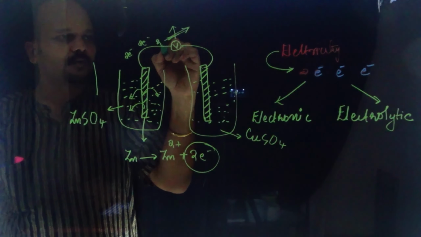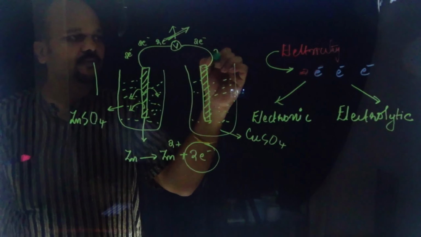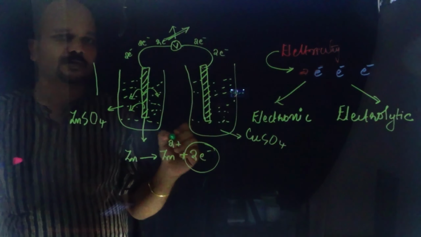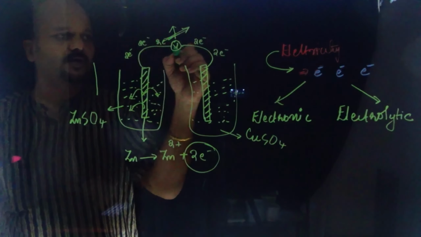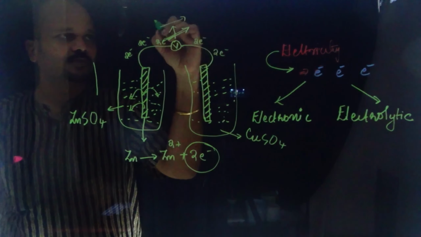These 2 electrons will move through this wire, and the electron flow causes the voltmeter to deflect.